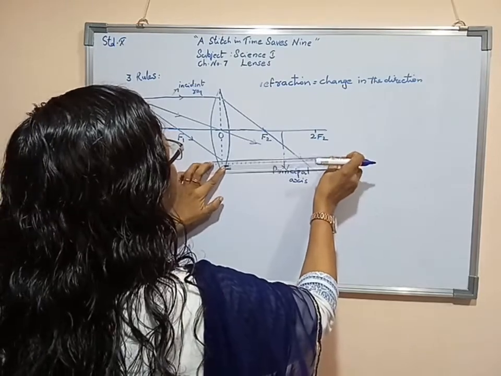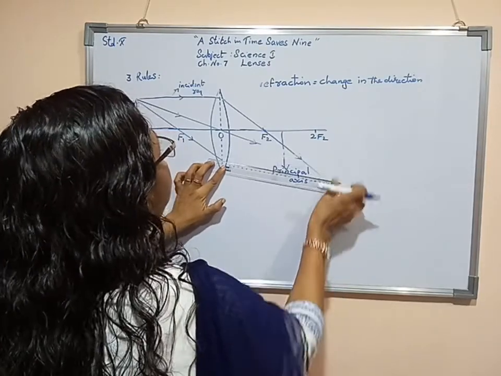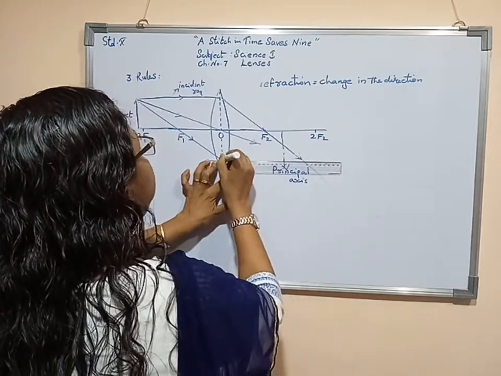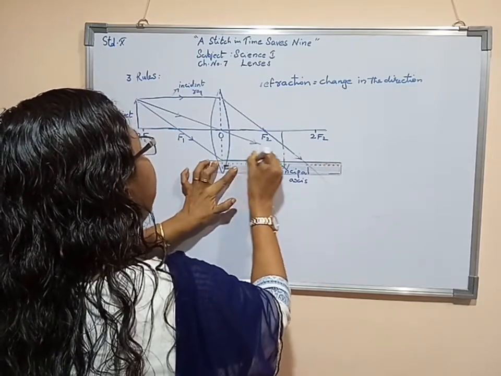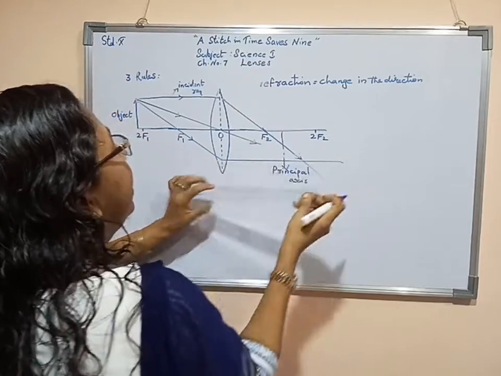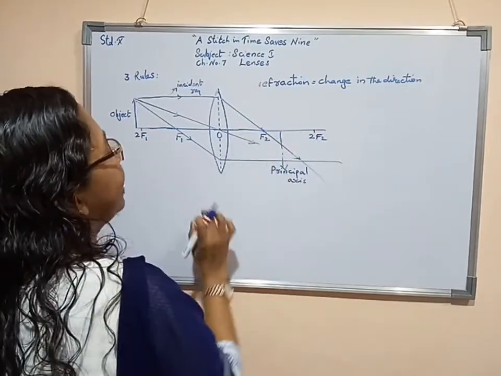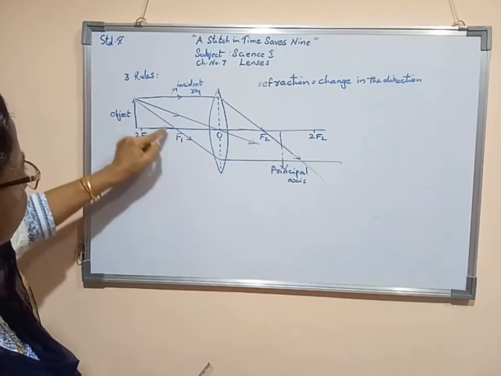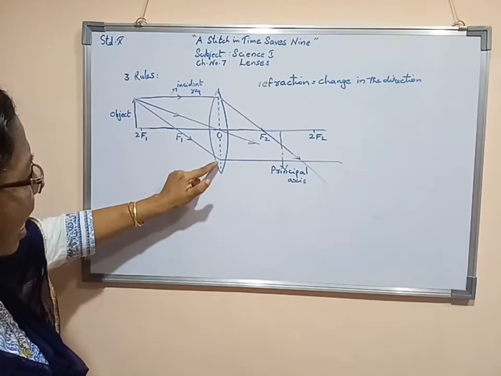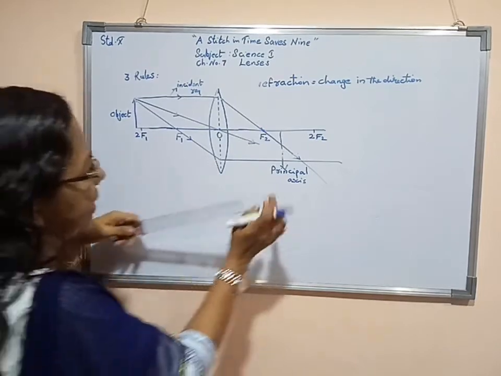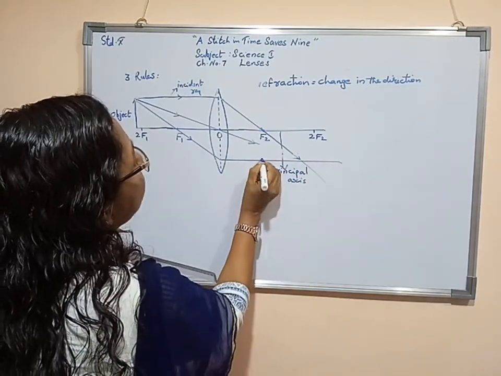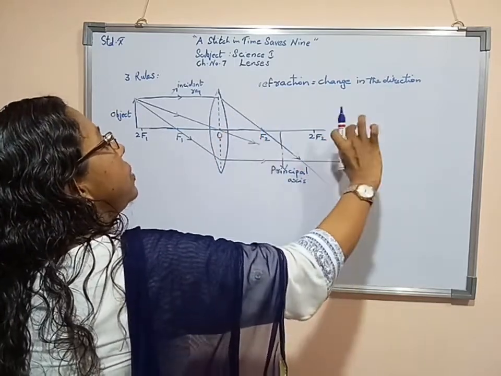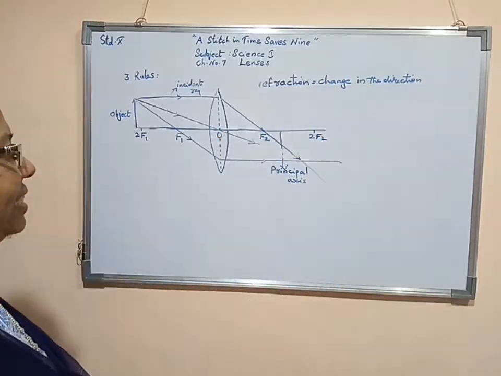Here it will travel, it will move parallel to the principal axis. So here the ray which is passing through the principal focus, after refraction it travels or it moves parallel to the principal axis.